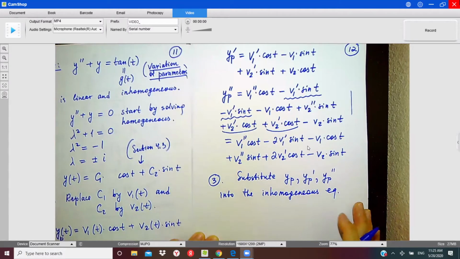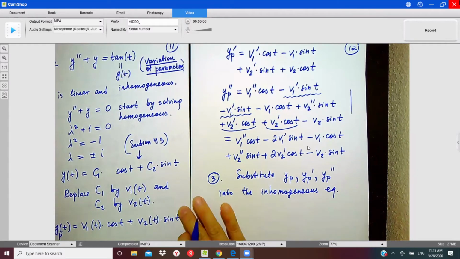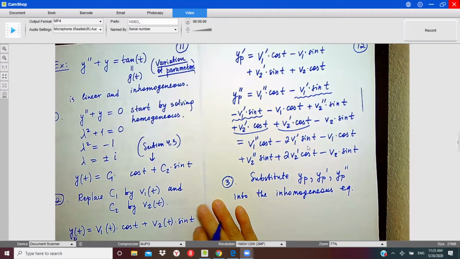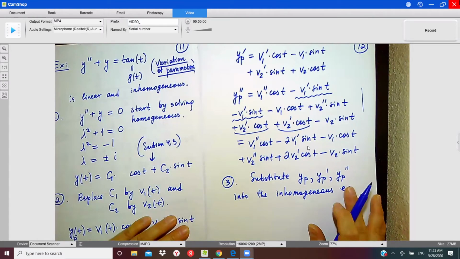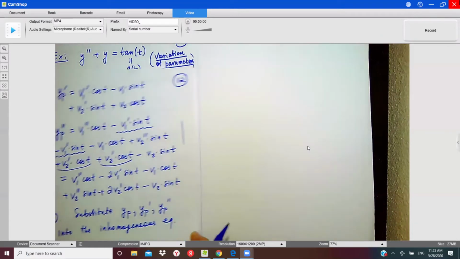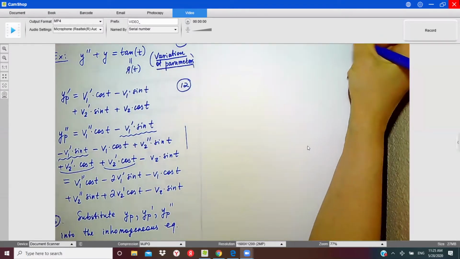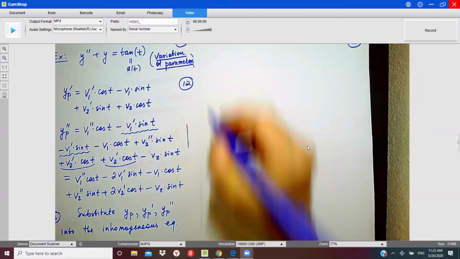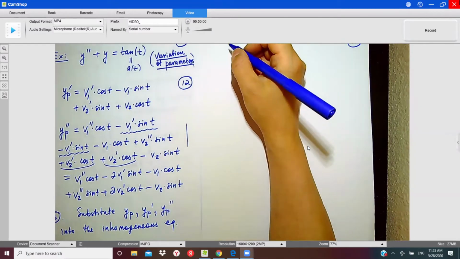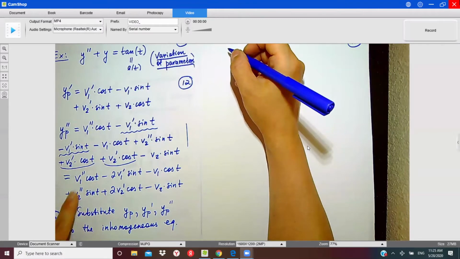So finally, we are returning back to the inhomogeneous problem. Now we will have to deal with the tangent. Let me do this here because I'm probably going to run out of space. So I'm going to substitute y double prime, all of that.